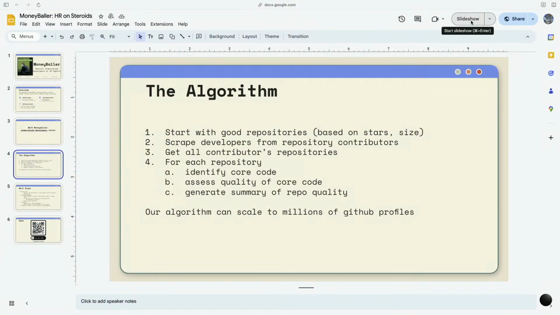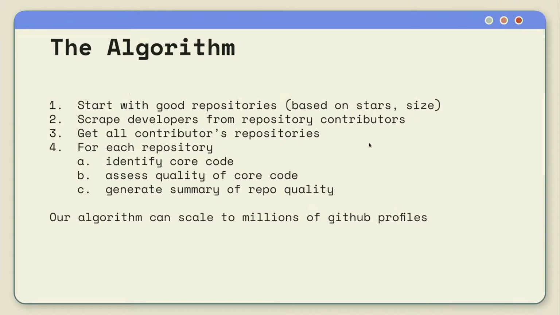And yeah, we can talk more in depth about the algorithm. So Moneyballer really, as a product, is a platform which allows these undervalued developers to really shine because these signals aren't shown elsewhere. And so how it works is that a recruiter or someone seeds in some good repositories, some representative repositories that they might want experience in. For example, someone with experience contributing to PyTorch, Llama, Meta, and so forth.